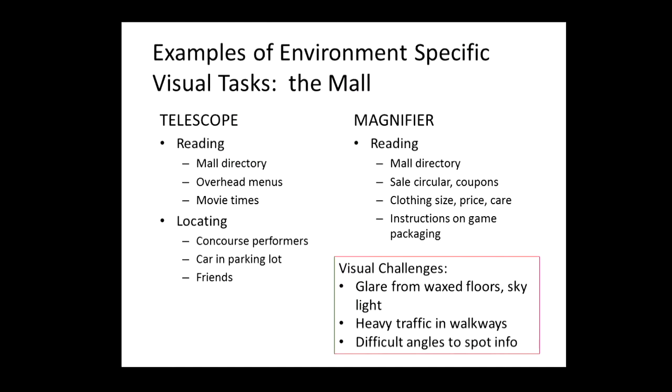With a magnifier, again, you can get closer to the mall directory and get the individual numbers of the businesses. So I might ask a student, okay, if you find the Gap, what are the stores on either side of it, so you know you're getting close? Or at that major intersection, what's my landmark for what I'm looking for? So I have to find my destination as well as the places around it.